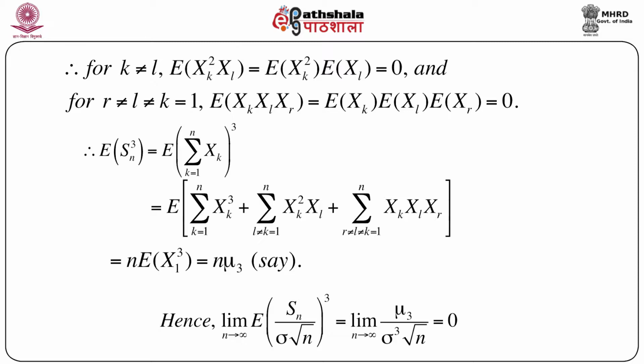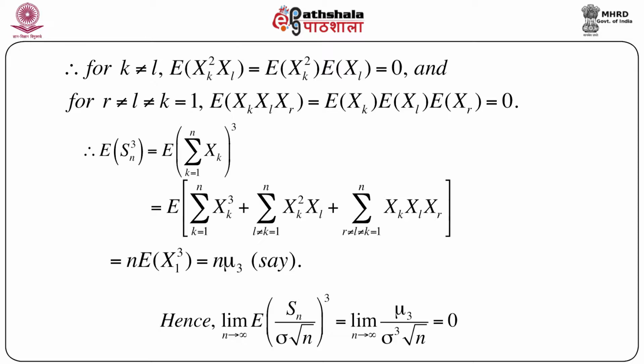And for the third term, expectation of xk into xl into xr, where k, l, r are all different, equals expectation of xk into expectation of xl into expectation of xr, because they are all independent, and this equals 0 because each expectation is 0.